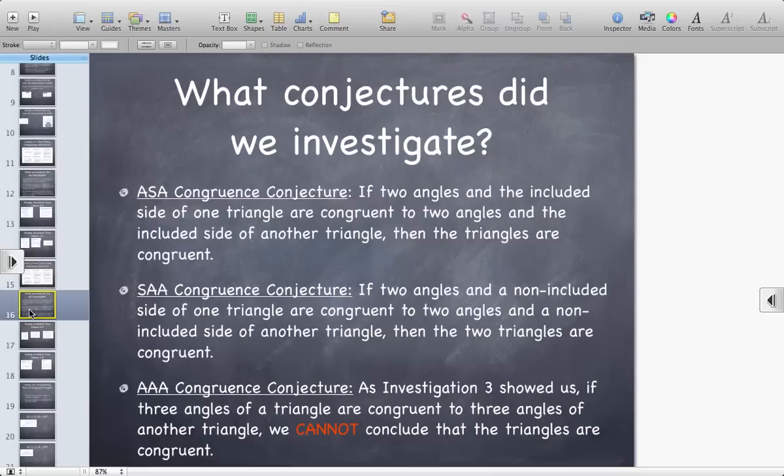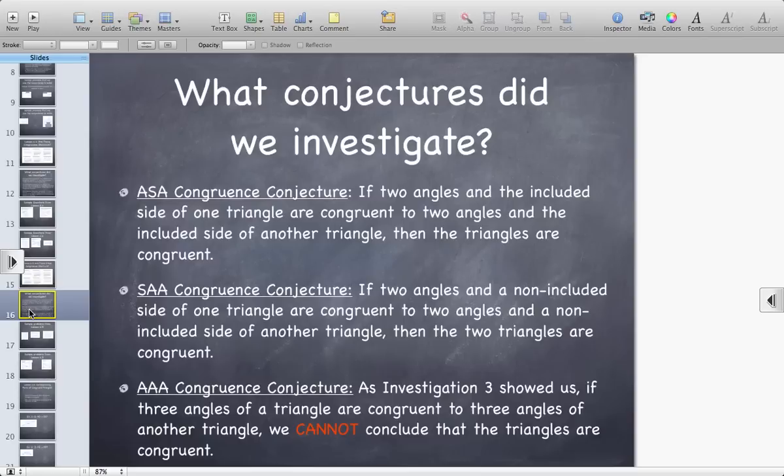So notice that if we have two angles that are congruent and a side, whether the included side between the two angles or a non-included side opposite one of the angles, we can conclude that the two triangles are congruent.